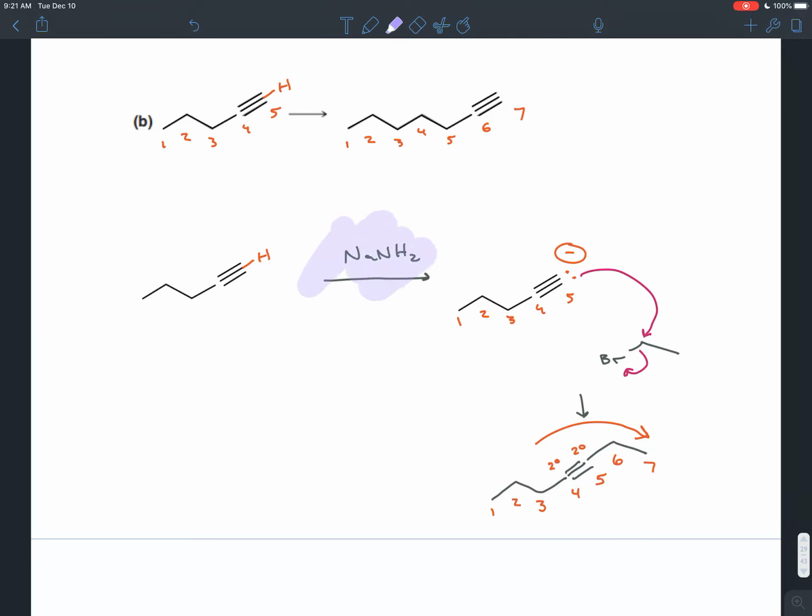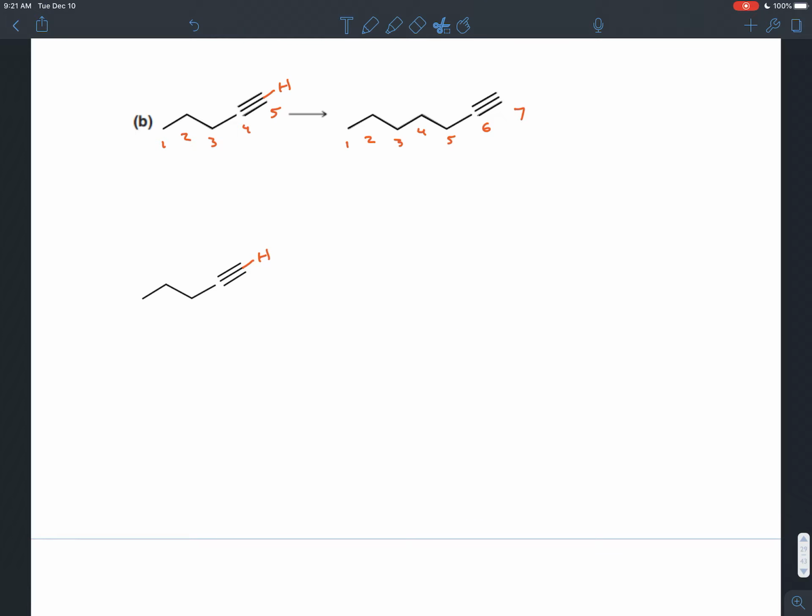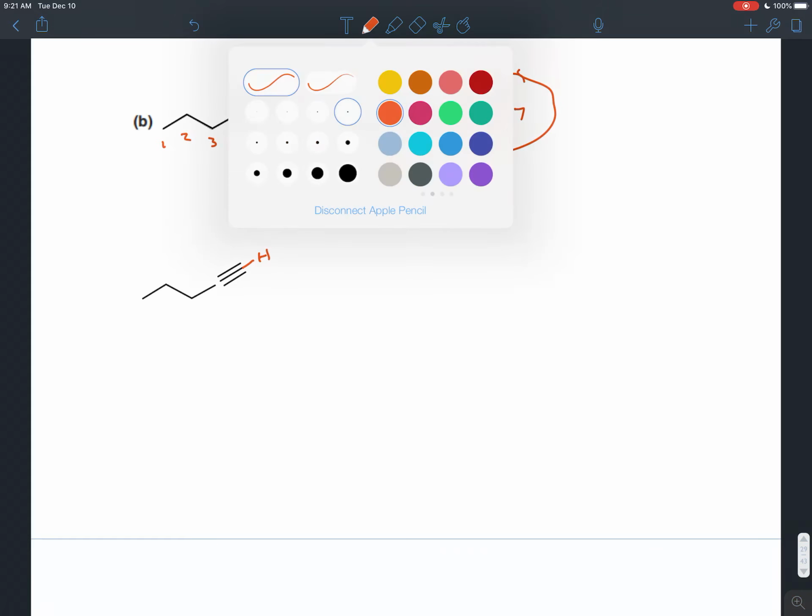We had the right reaction, we just didn't have the right terminal alkyne. Well, we know that we need two things in order to do this reaction. We need a terminal alkyne and we need an alkyl halide. If this isn't useful as a terminal alkyne, maybe we can turn it into an alkyl halide and bring in a separate molecule as the terminal alkyne.